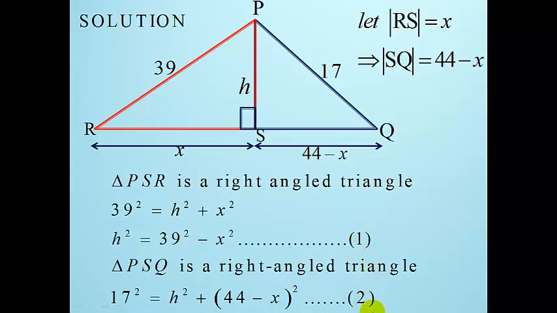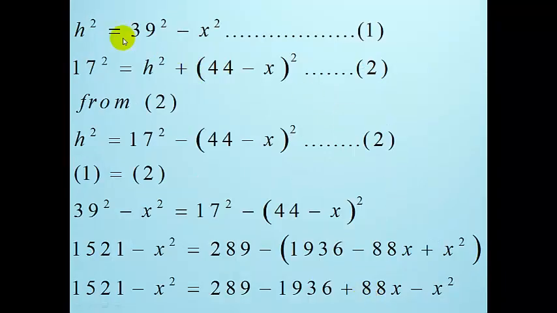Now these are the two equations we have. From equation 1, h squared is equal to 39 squared minus x squared.